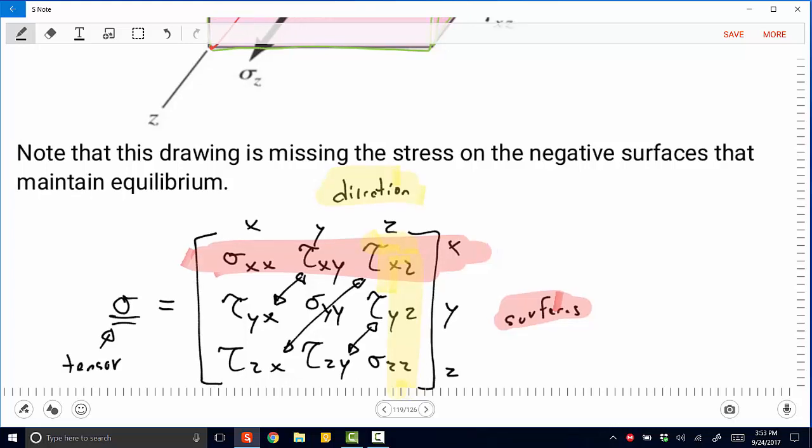And so with this knowledge, and with knowledge that we must maintain equilibrium, we'll find that these terms are identical to each other. The magnitude of these values are identical.